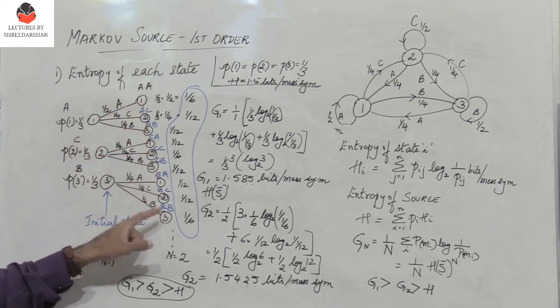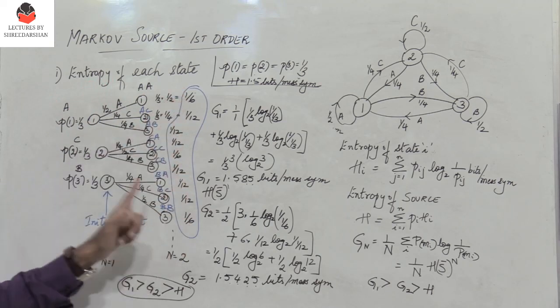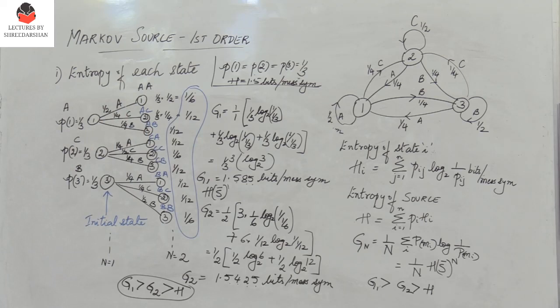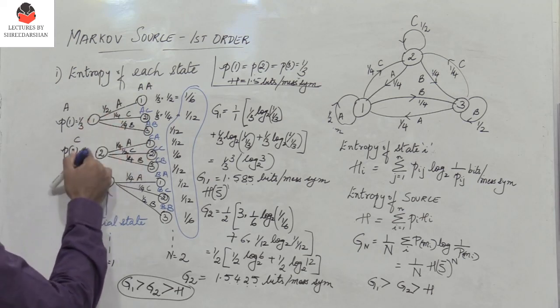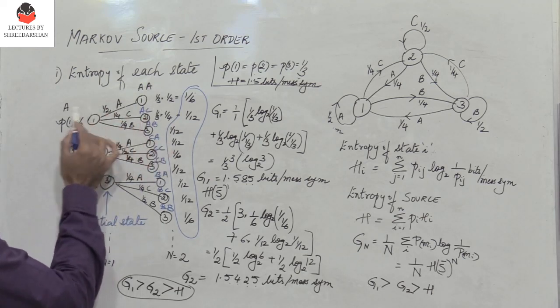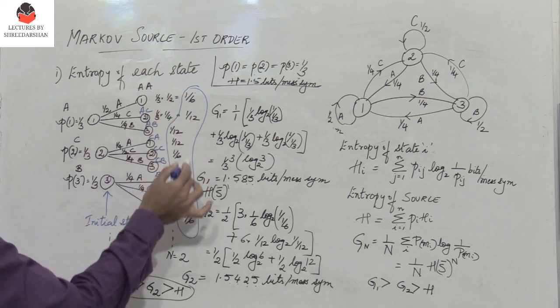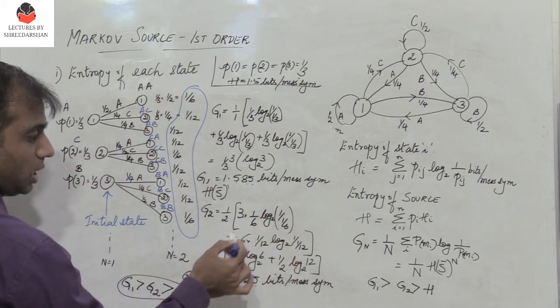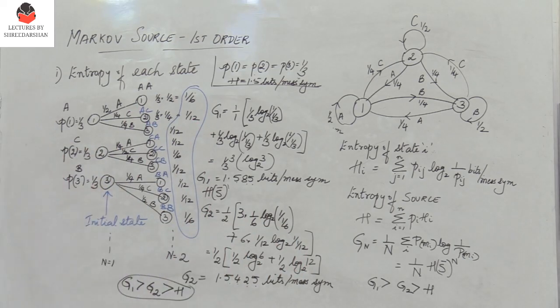So finally you get these values and you calculate the probabilities by multiplying these probabilities of, I can say, transition or the symbol probabilities, right, into the state probability. So you get these values. So you consider these values and you find the entropy, and do not forget to divide by 2 to get G2. And we find that G1 will always be greater than G2, will be greater than G3.